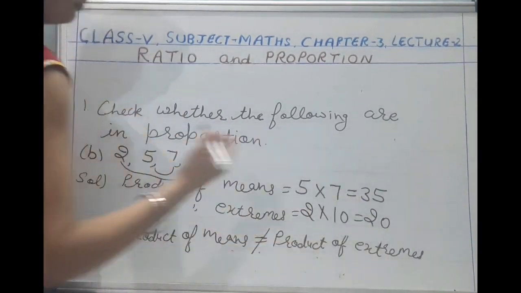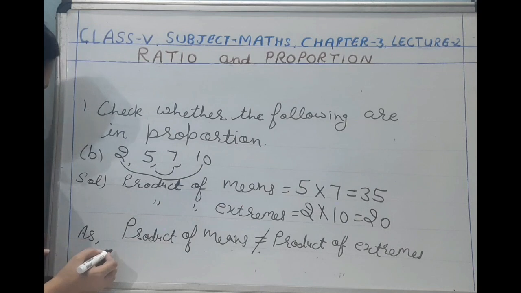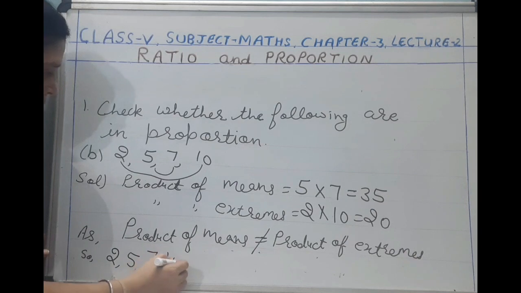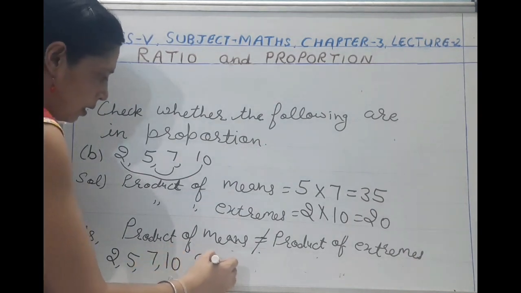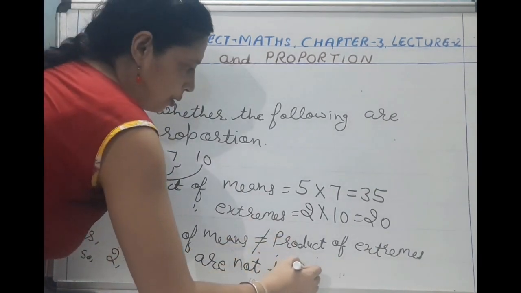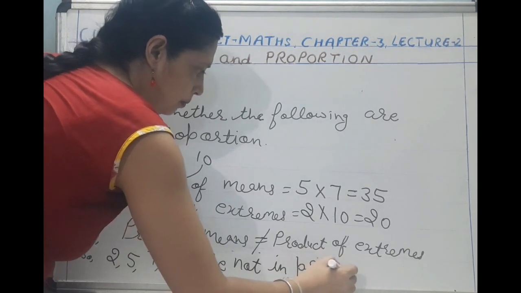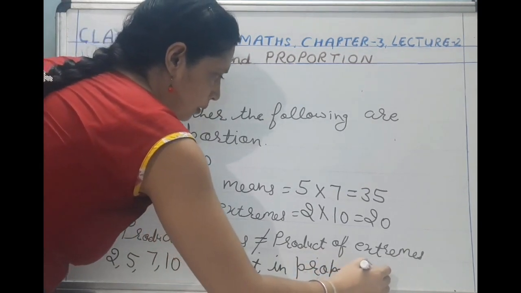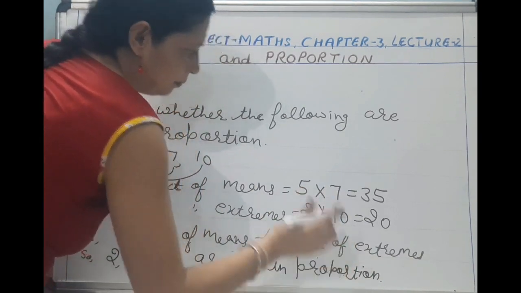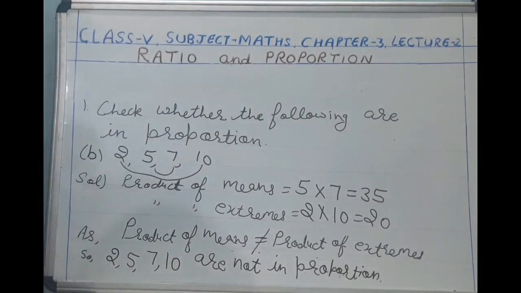Product of means is not equal to product of extremes. So 2, 5, 7 and 10 are not in proportion. Understood? Got it? In this way, you can find out your solutions of the question. Check whether the following are in proportion.